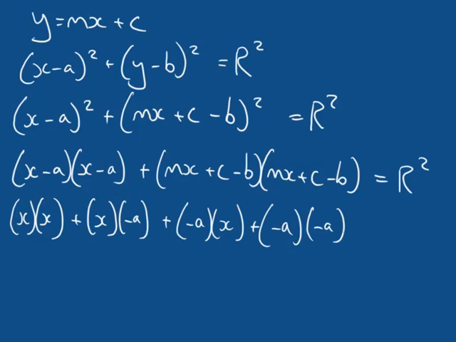Then we're going to add to that these guys multiplied out, so I'm going to do that on a new line. So we're going to start with mx. I need mx multiplied by mx. Add to that c, mx multiplied by c, because we're still doing mx from our first bracket. So mx multiplied by c.